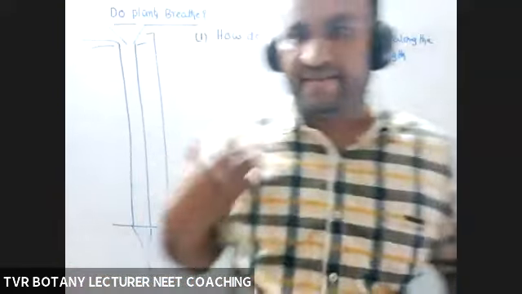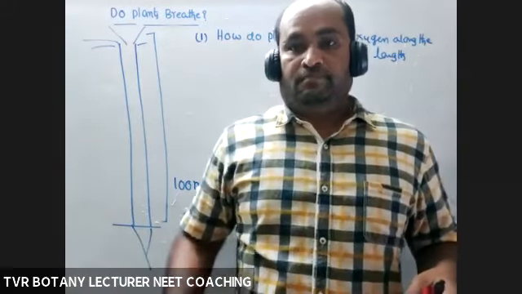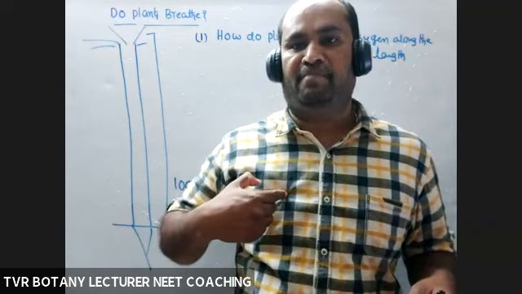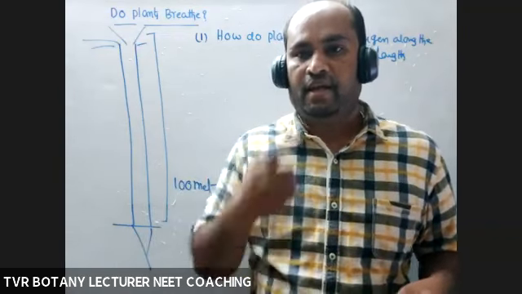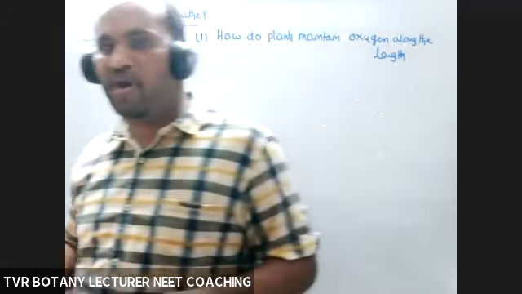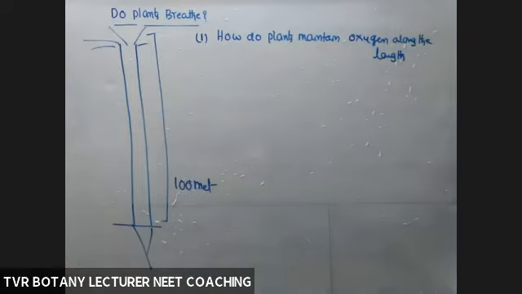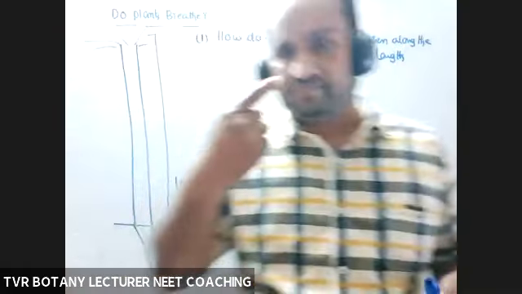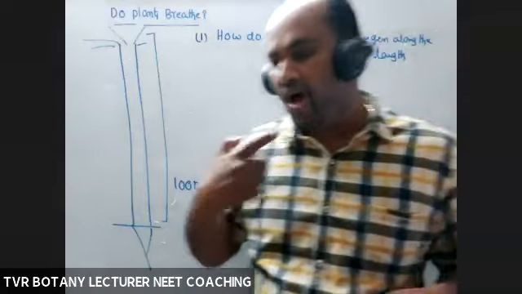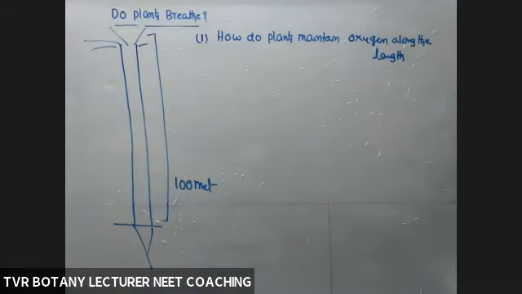For example, our body, myself, 6 feet in height. Each and every cell in my body is getting oxygen because of the respiratory system. Animals with complex body organization have a respiratory system in place, and because of that organ system and the circulatory system, oxygen is distributed along the length of the body.